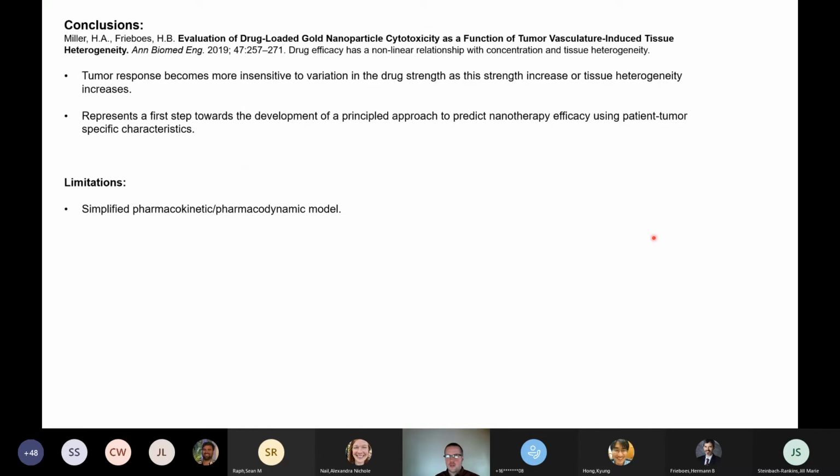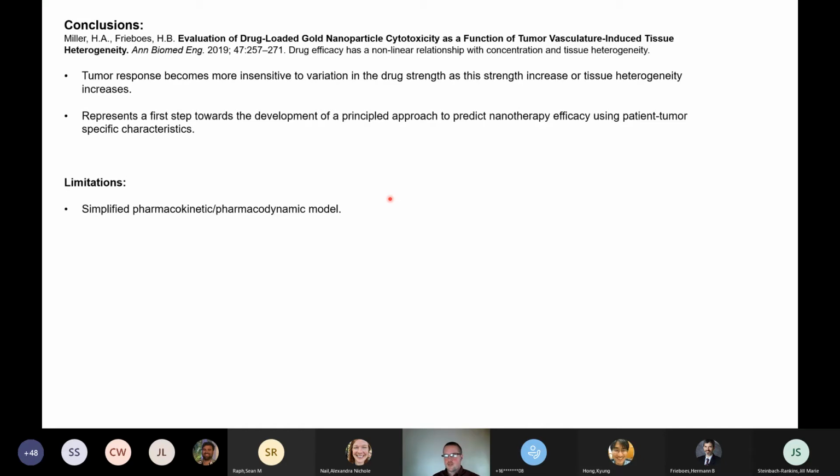From this study, we concluded that drug efficacy has a nonlinear relationship with concentration and tissue heterogeneity. Tumor response becomes more insensitive to variation in drug strength as this strength increases or as tissue heterogeneity increases.